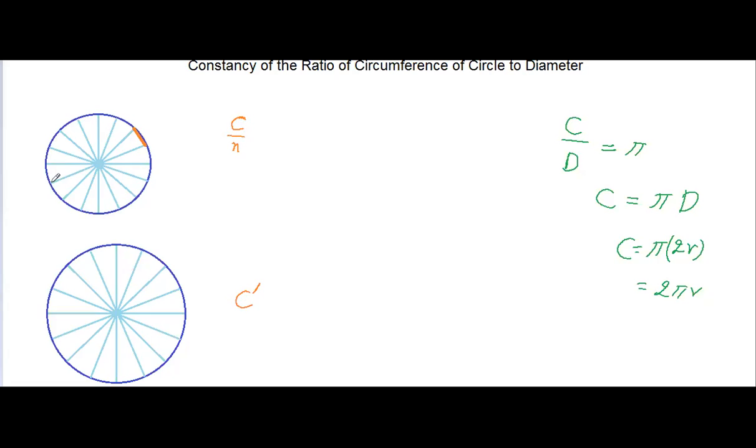So each arc length will be equal to C by n for the smaller circle, and for the larger circle I have also made n parts, actually in the figure 16, but I am using the idea that I have made n parts. The larger circle has the larger circumference, suppose C dash, and that divided by the number n is the length of this arc, where the straight distance is this one. Is that clear?